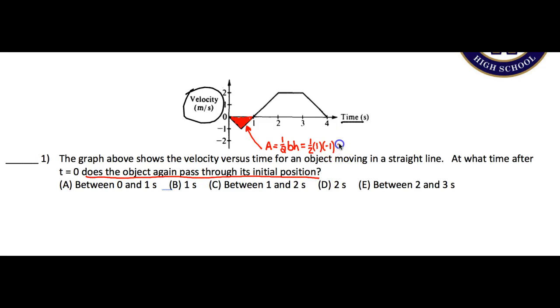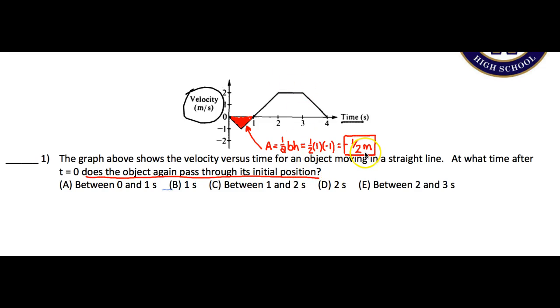And so we basically get -1/2 of a meter, since I have meters per second as height units and seconds. So a meter per second times a second is a meter, and that's consistent with what the units for position and displacement should be.